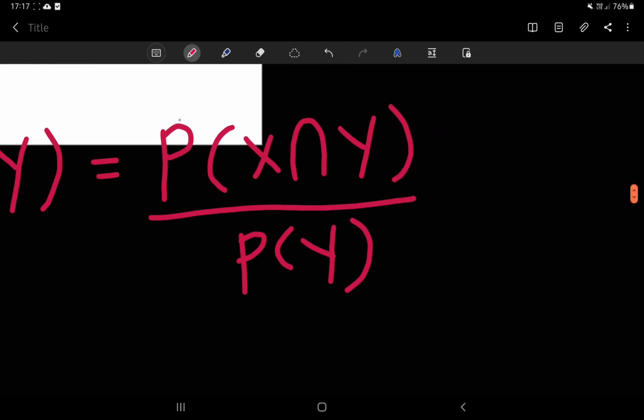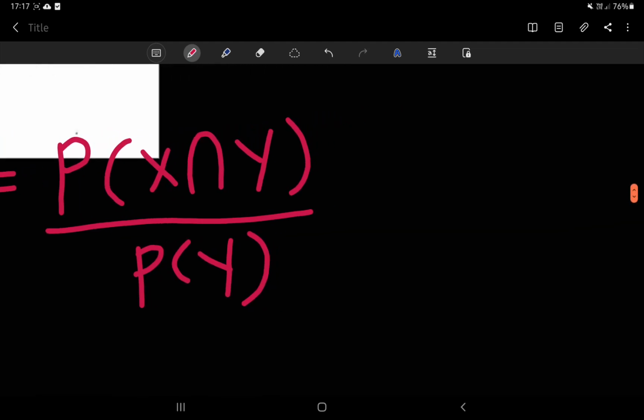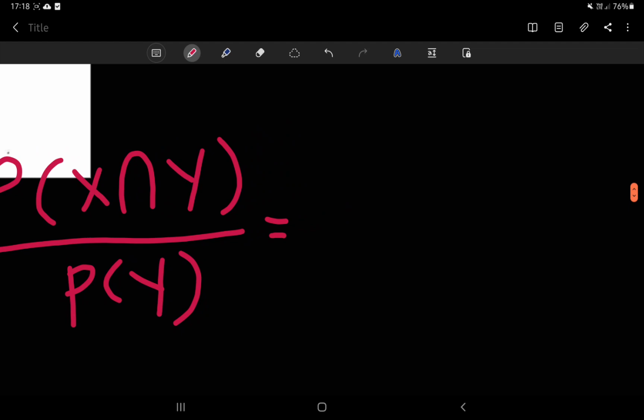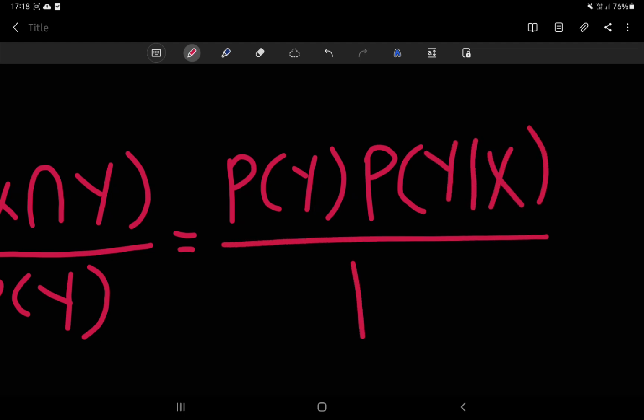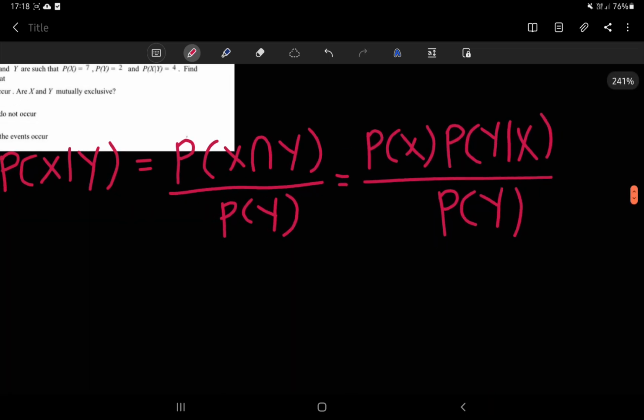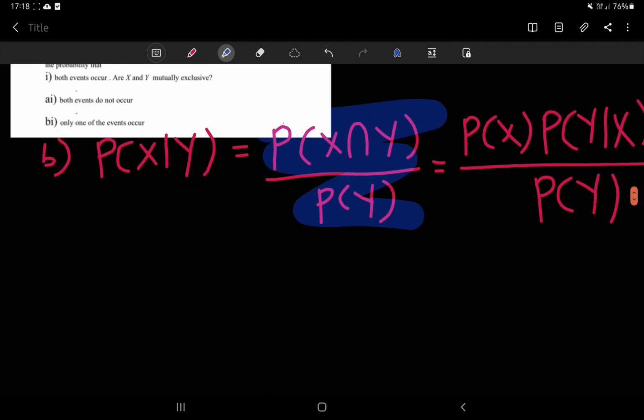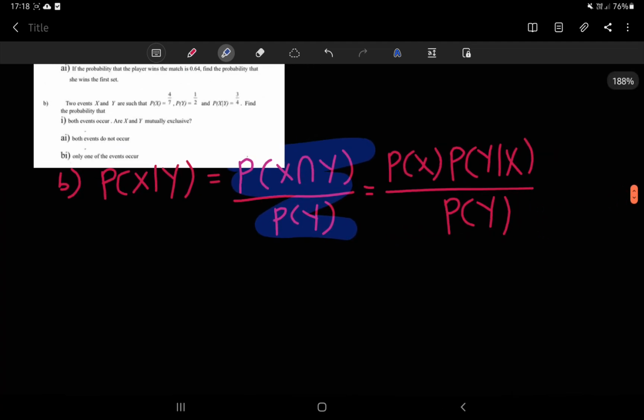And the alternative equation, if I'm not mistaken, is P(Y given X) divided by the probability of X. Sorry, this is probability of X. Like that. So this is the alternative expression, but we are going to use the first equation to equate the given probability, which is 3/4.